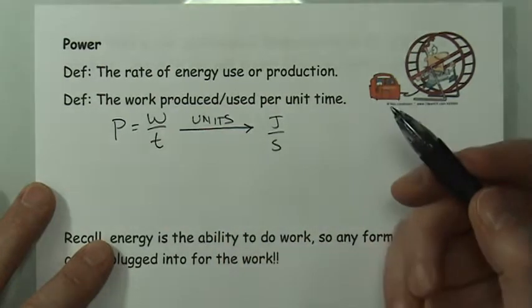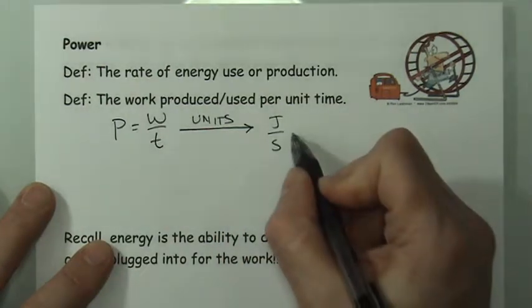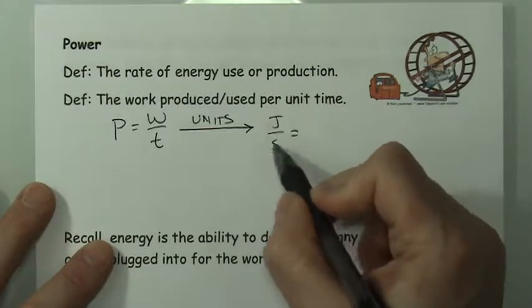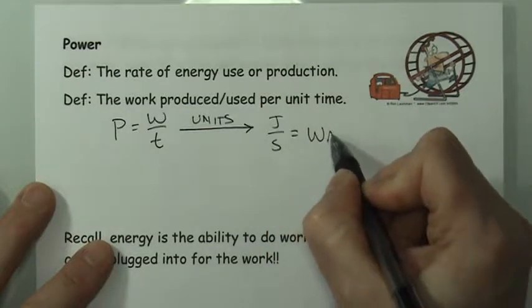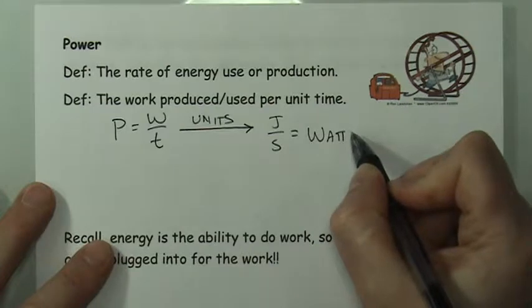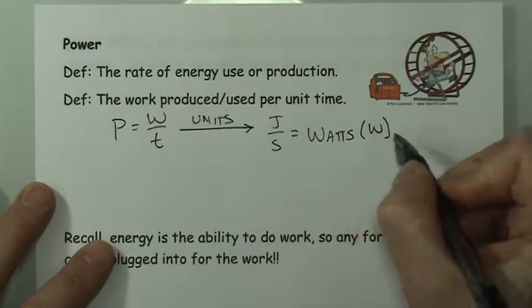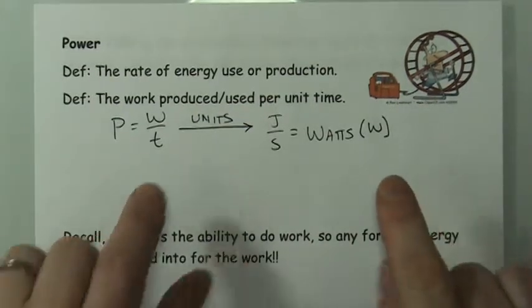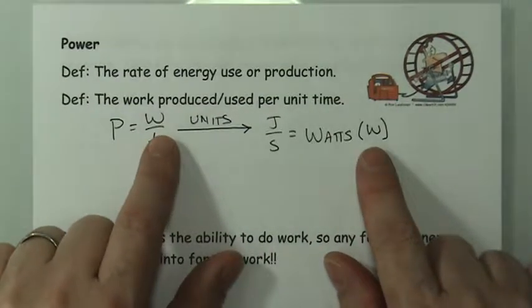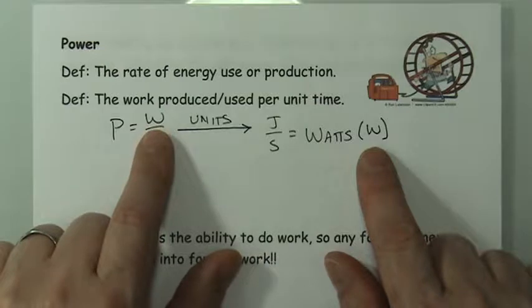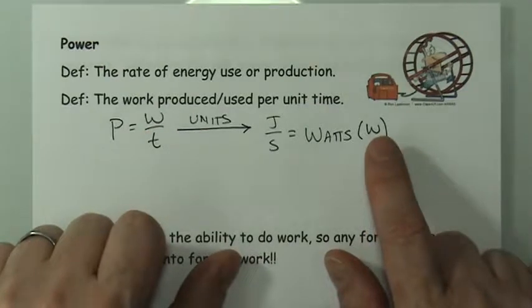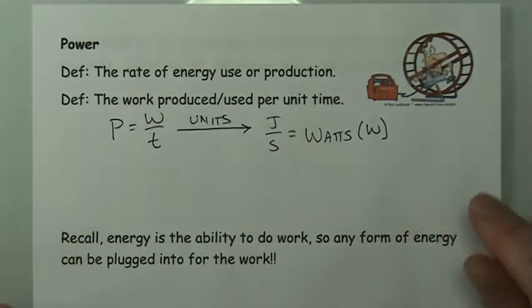The units for time, the international standard, would be seconds. So that is joules per second, and a joule per second is called a watt, or watts. And the symbol that's used for that is capital W. So these two W's do not mean the same thing. One is the symbol for the property, work, and the other is the symbol for the unit, watts. It can be a little bit confusing.